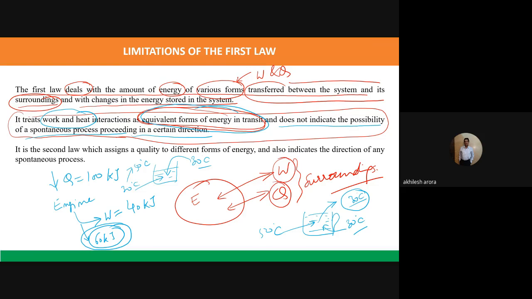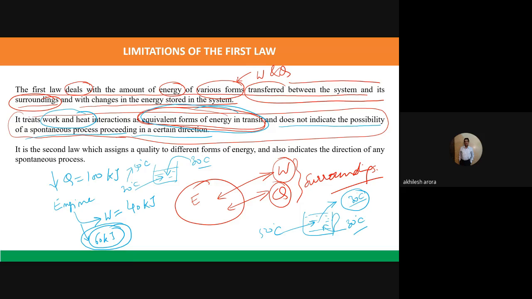Water always flows downhill; it doesn't flow upstream towards the hill. So processes do occur in a particular direction, and this is not given by the first law of thermodynamics. It only says that heat and work are mutually convertible into one another. So that is basically the deficiency, or limitation, of the first law of thermodynamics.